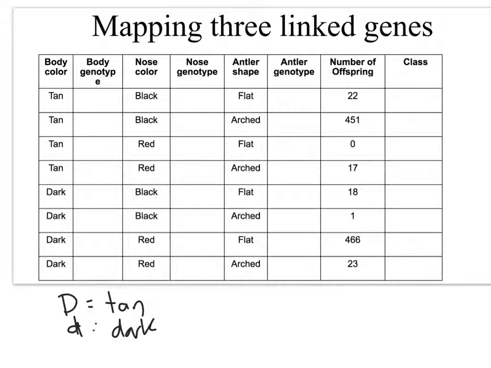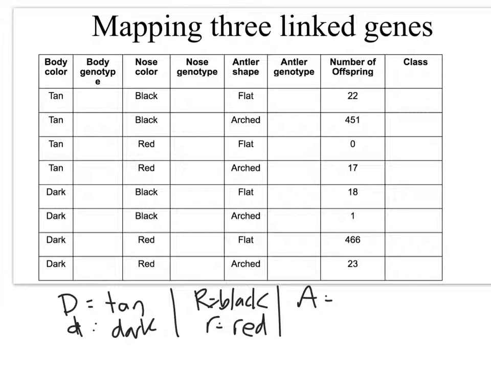We had Rs representing nose color, so this was black, and a lowercase was red. And we also had now introduced our 3rd gene of antler shape, and uppercase meant flat, I believe, and the lowercase represented arched. So we see each of these kinds of phenotypes, and your job is really straightforward.